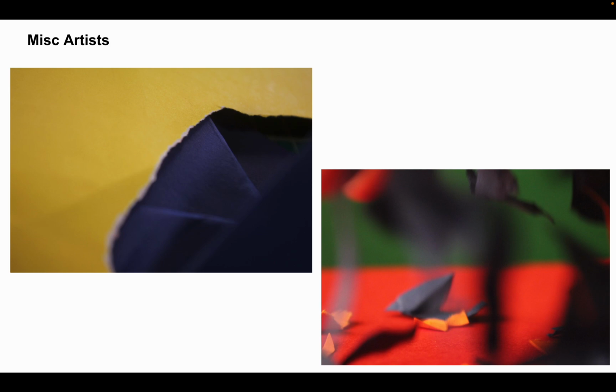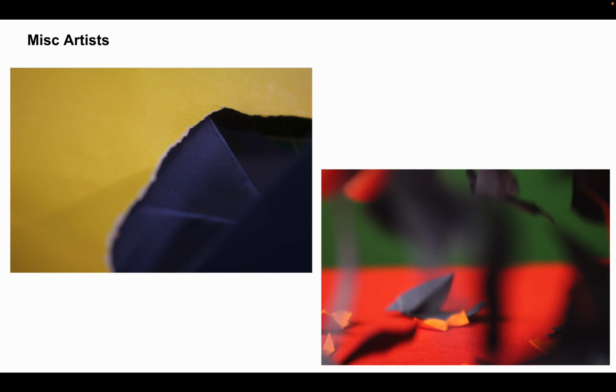So here are some miscellaneous artists, just to give some more ideas of what can be done. So these were all done with color paper. Some are more of the lay flat, where the paper is just laying flat on a backdrop, like the image on the left, and shot from above, so that bird's eye view.